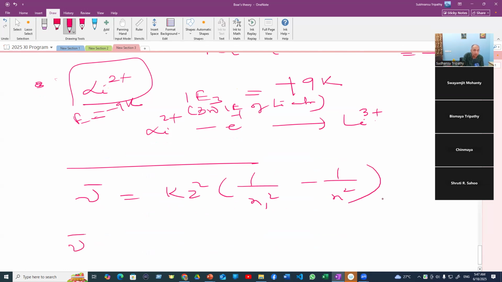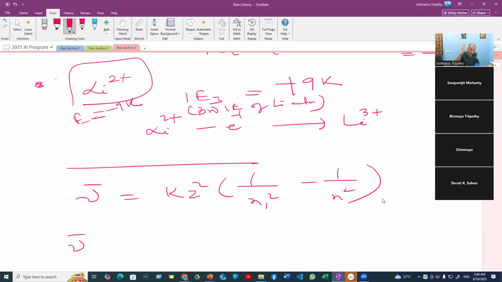So nu bar, supposing somebody asks you what is the lambda needed to ionize Li double plus, or what is the lambda of the photon required to undertake the third ionization of the lithium atom, that means to remove the solitary electron in Li double plus.